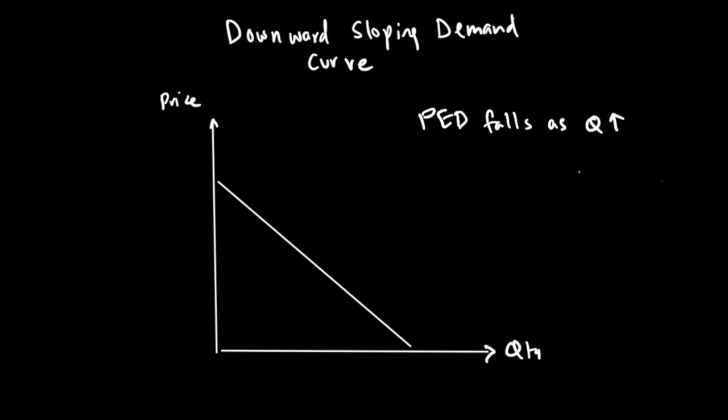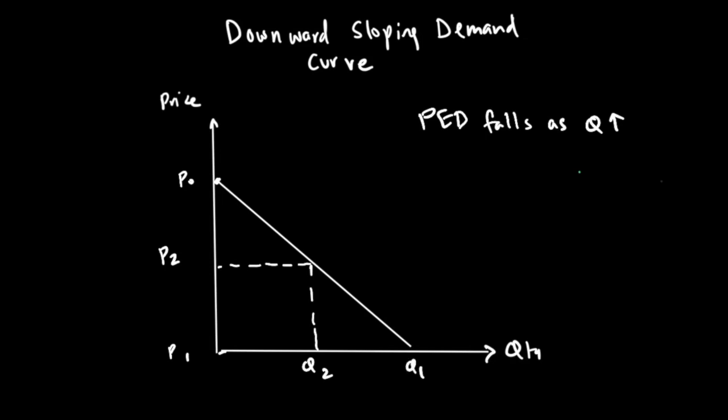So if you look at this point, let's call this point P naught versus P1, and let's call in the middle P2, Q2, Q1.